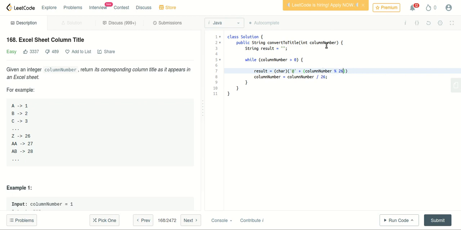So if column number is 1, because it cannot be 0, we would get character 1 and we would add this to the result.